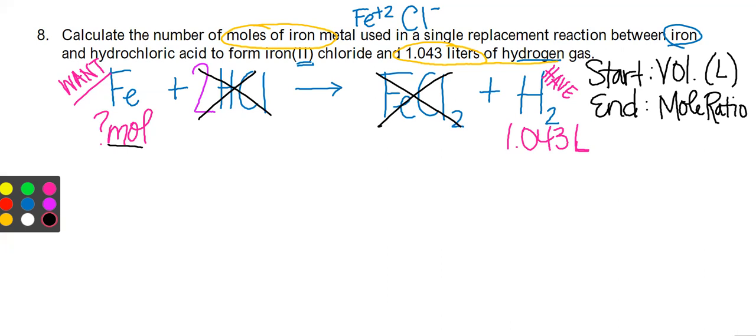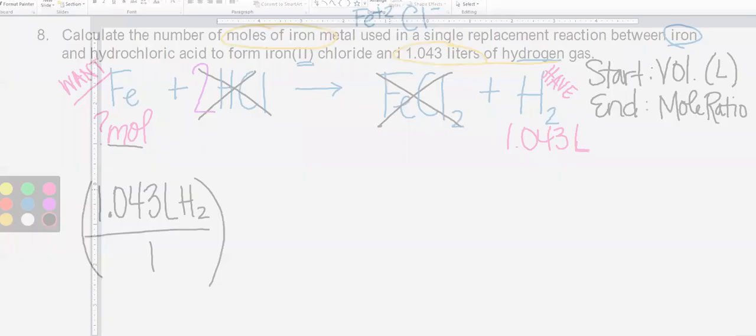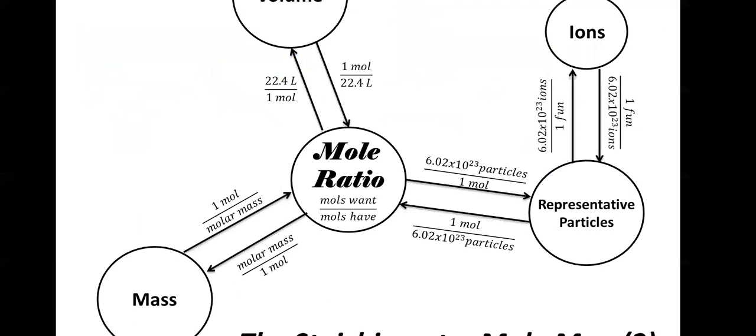Okay. Parenthesis number 1, put our number given over 1. So 1.043 liters of H2 over 1. Okay, now let's see how many parentheses this is going to be. Remember that I told you one of the tricks is that the number of circles you touch plus 1 tells you the number of parentheses you have.